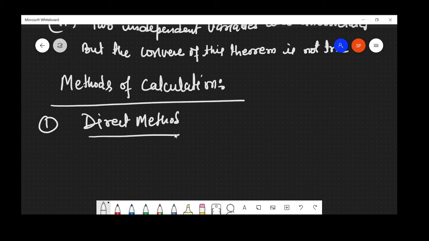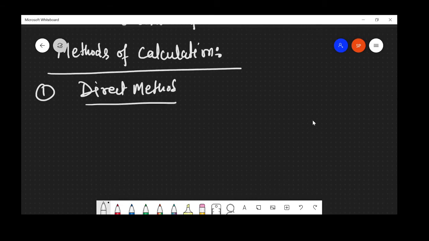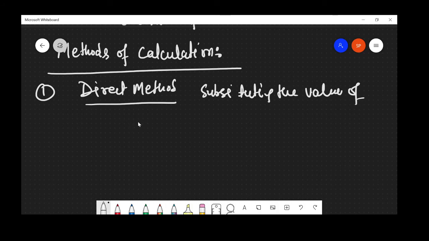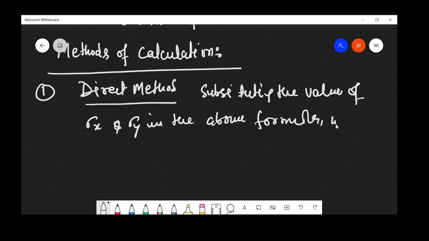In this case we write the formula, just substituting the values of sigma x and sigma y in the above formula.